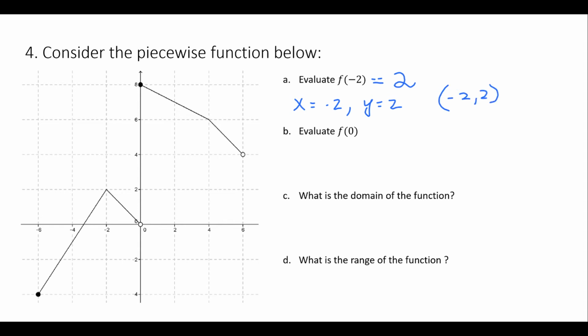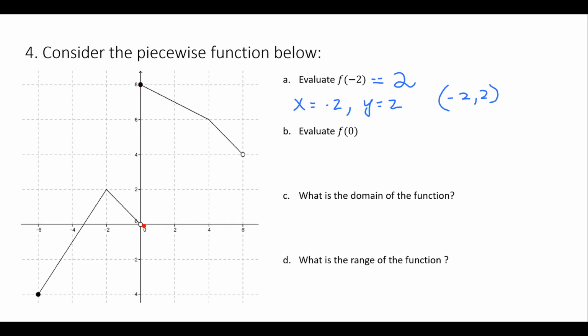All right, for the second part, it's asking us to evaluate f of 0. So let's look at where x is 0. Here is x equals 0. I do have a function coming really close to 0, but notice that's an open circle, right? The function actually does not exist right at that point. But does the function exist at any other place at 0? It actually does. It has a closed point right here.